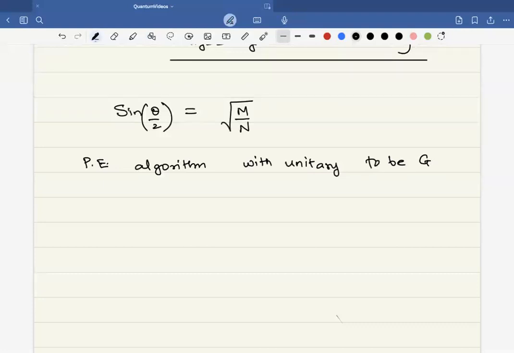And so using the fact that the Grover operator, if I input the uniform superposition state, then you get this relationship between the eigenvectors alpha 1 and alpha 2 of the Grover operator.